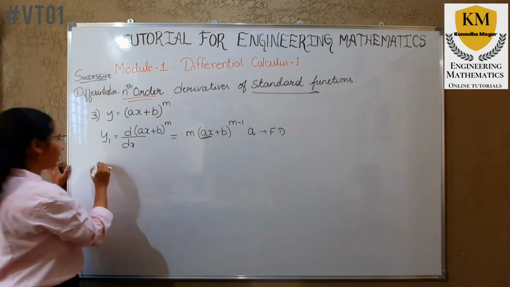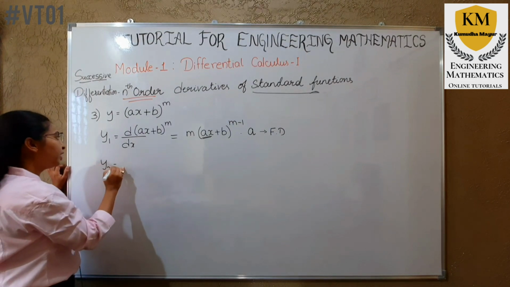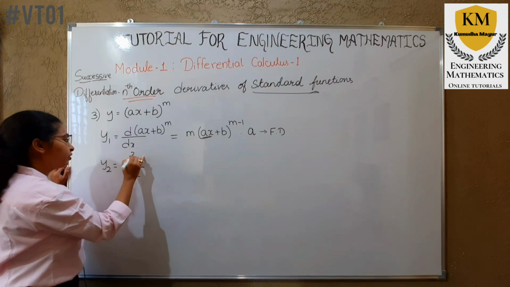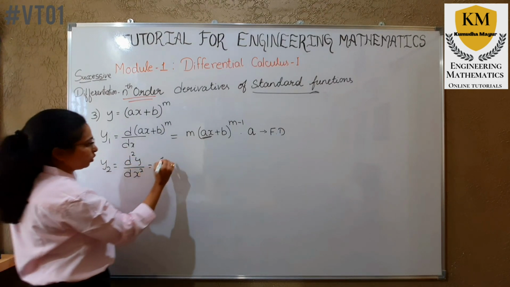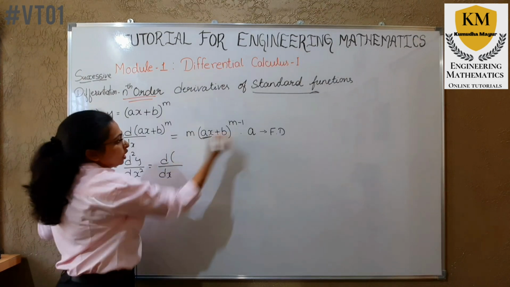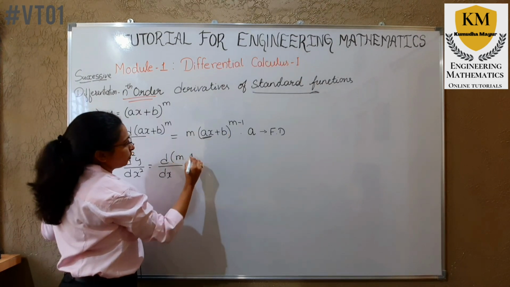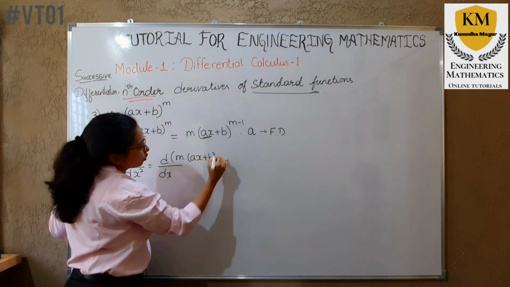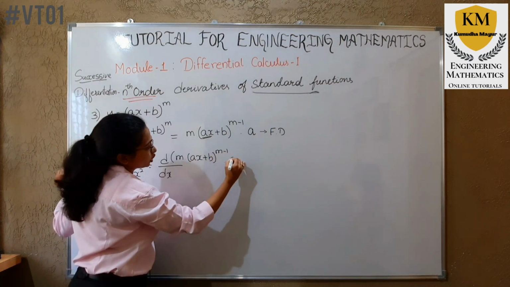Let me go for the second derivative, y2, that is d square y by dx square, is equal to d by dx of m into (ax plus b) whole to the power m minus 1 into a.